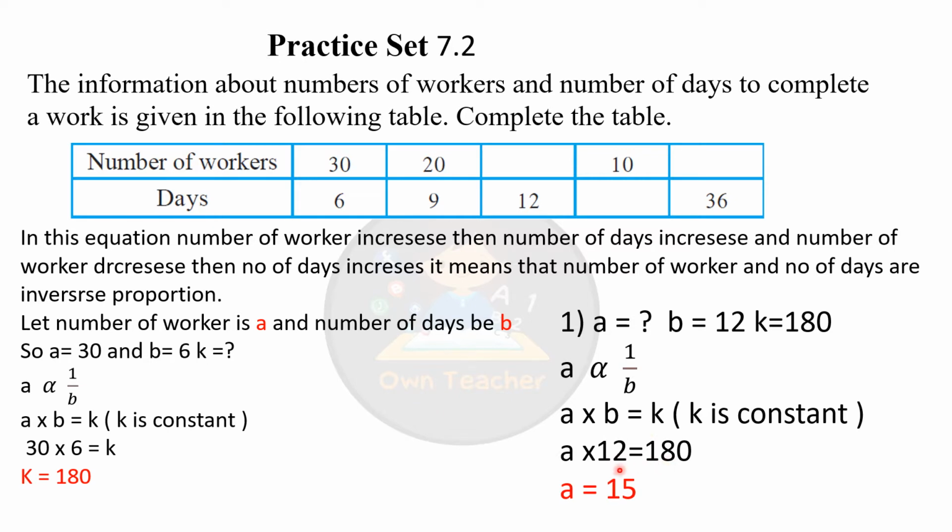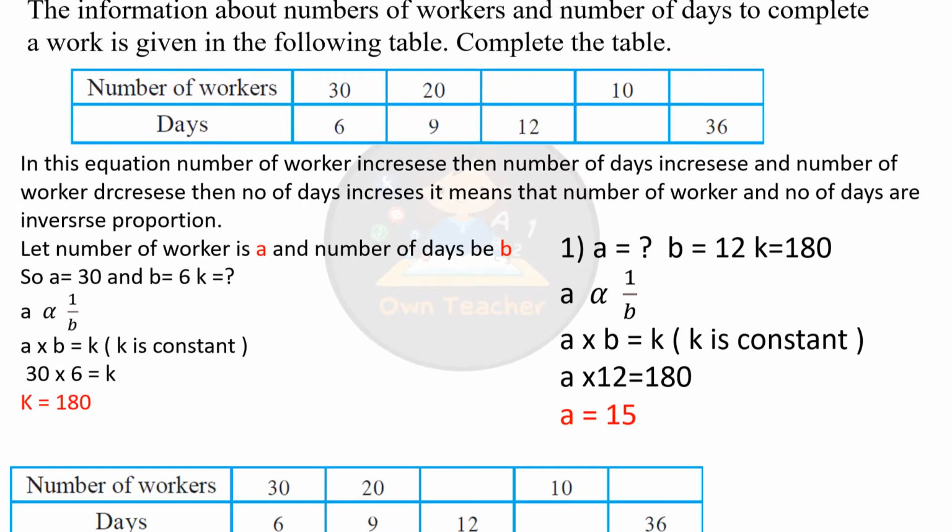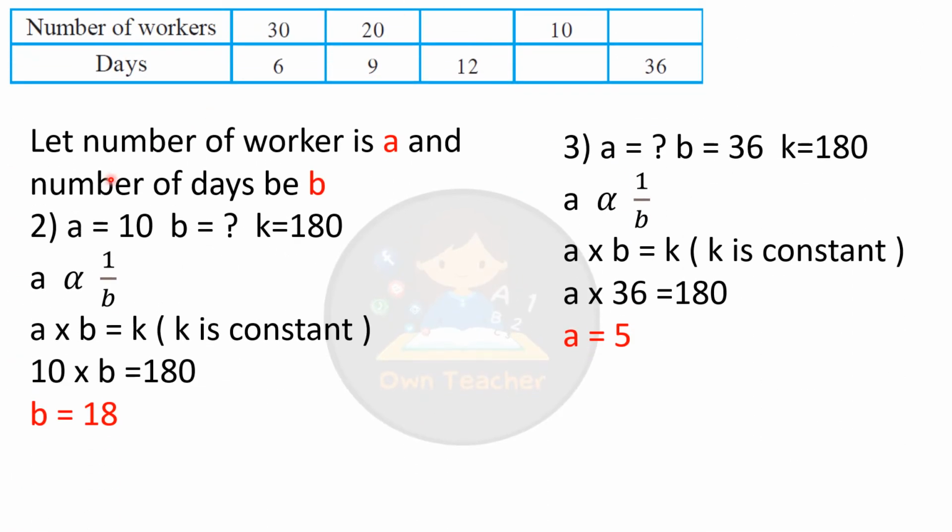So we will divide 180 by 12. So value of A is equal to 50.